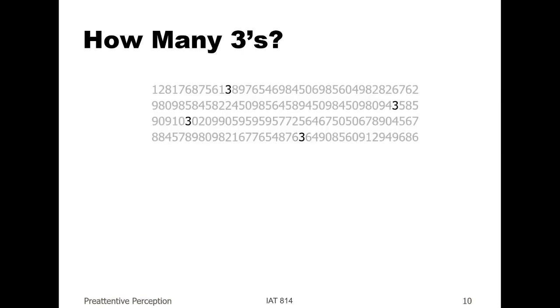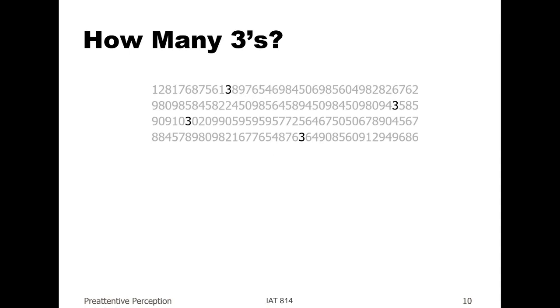But in the second one, it's a lot easier to see the 3s because they visually contrast with all of the other digits in this field of distractors, or the non-3 digits, 0, 1, and 2, and 4 through 9. They are distinct visually from what is now background because there's a significant luminance difference between the digit 3 and digits 8, 9, and 7 in the rest of this field.